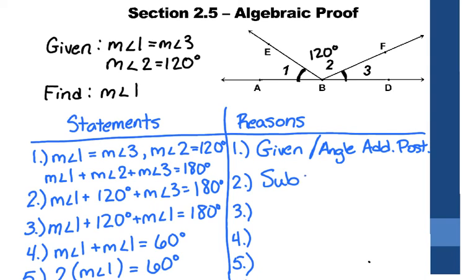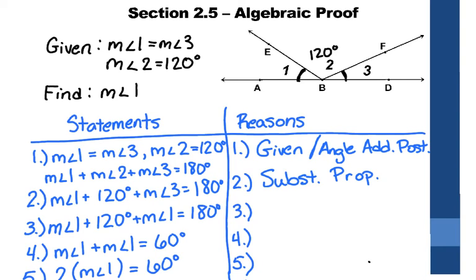So substitution. See, very close to looking like subtraction property, so don't just put sub property. I need a little bit more information there. Alright, so that was substitution property.